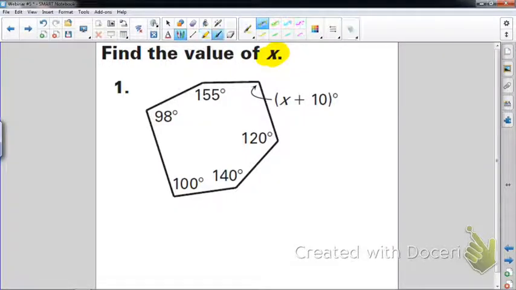Now in order for us to figure out what x is, we have to know what type of polygon this is. If we know the number of sides that it has, then we know exactly the total amount of the interior angles.